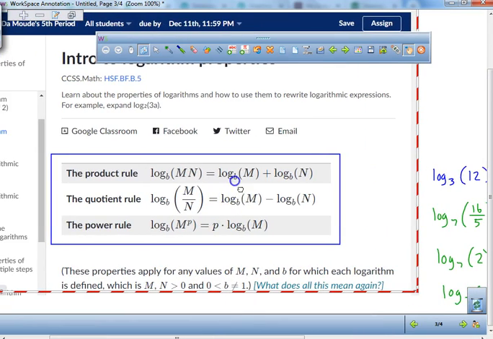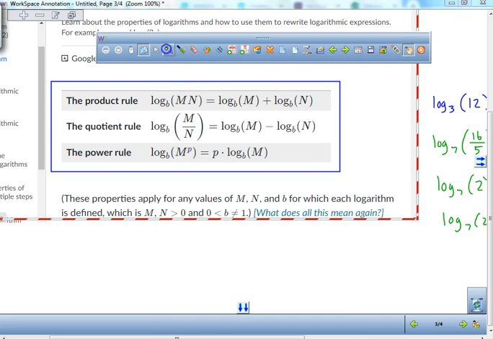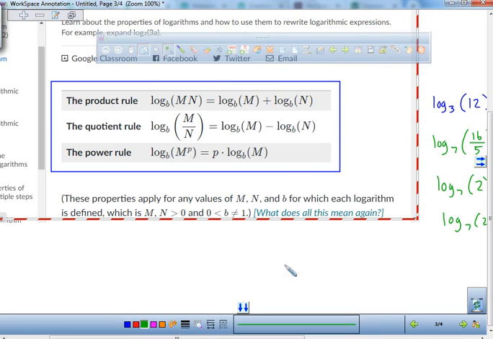All right, the next thing is what's called the power rule. Now, I think the power rule is probably the most important rule of them all because it's going to help us when we're trying to solve for exponential functions, and we'll be using logarithms. So here we go. Let's just write down some numbers that go with it.